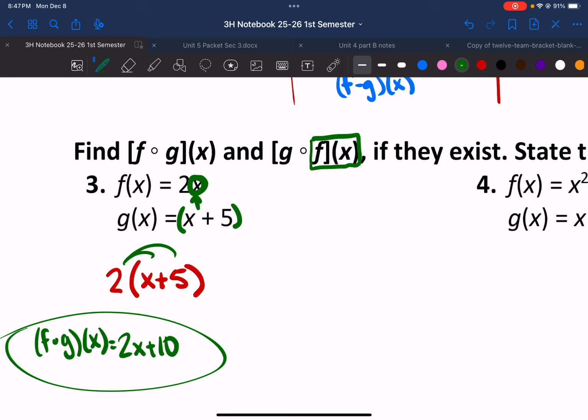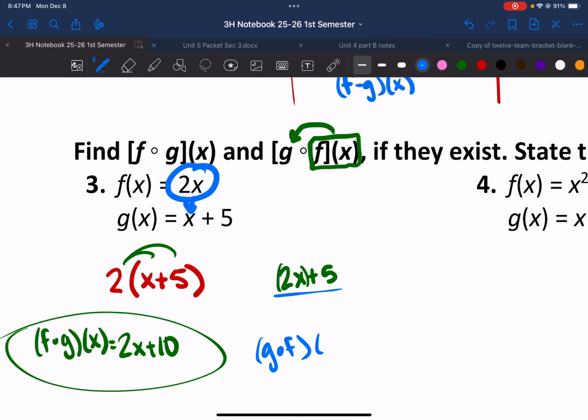Take the f equation and plug it into g. I'm taking this whole equation right here and plugging it in for x. We don't even need those parentheses. G of f of x is 2x plus 5.